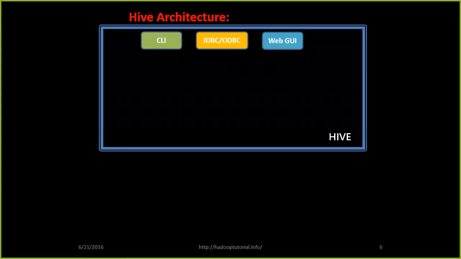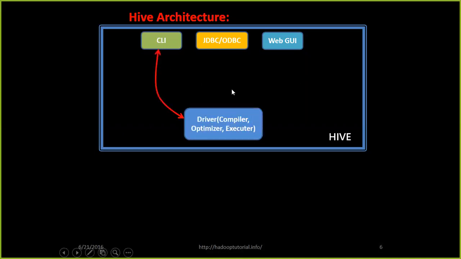Now, if you submit your queries through any of these 3 modes, similar to the pig engine in pig architecture, this JDBC was not there, but Web GUI is present in pig also, but we didn't talk about that. Anyway, in our Hue sessions, we'll see all these Web GUIs together, in one session itself.